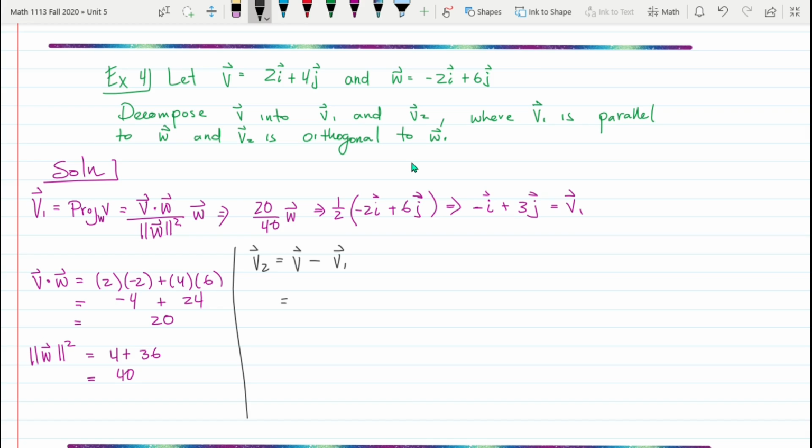Algebraically, it's easier to do it than geometrically or graphing it, I believe. So, what is v? Well, v is 2i plus 4j minus, and it's better to put things in parentheses so that we don't mess up.